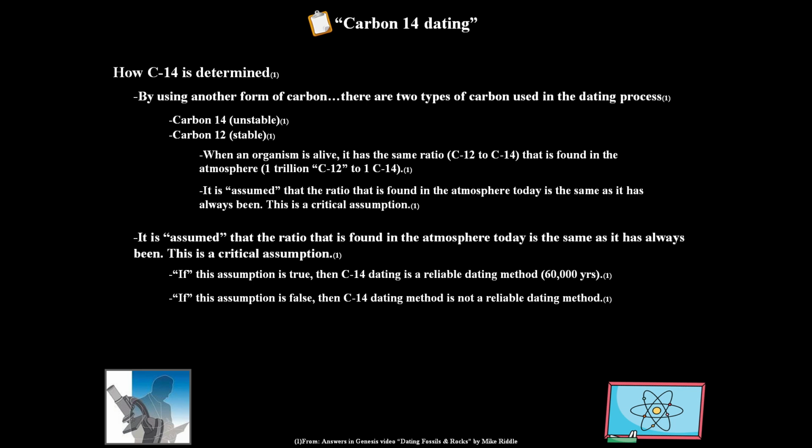It is assumed, there you go right there, the key. It is assumed that the ratio that is found in the atmosphere today is the same as it has always been. This is a critical assumption.